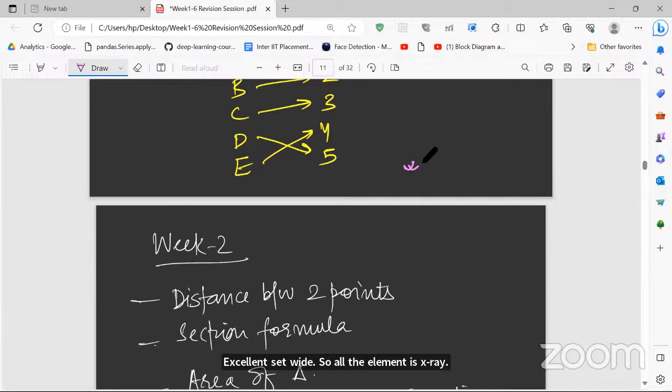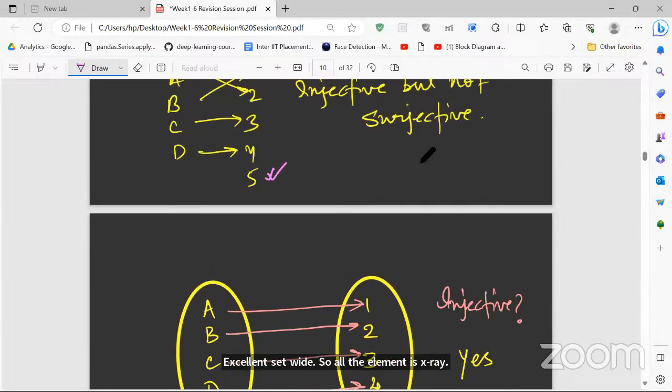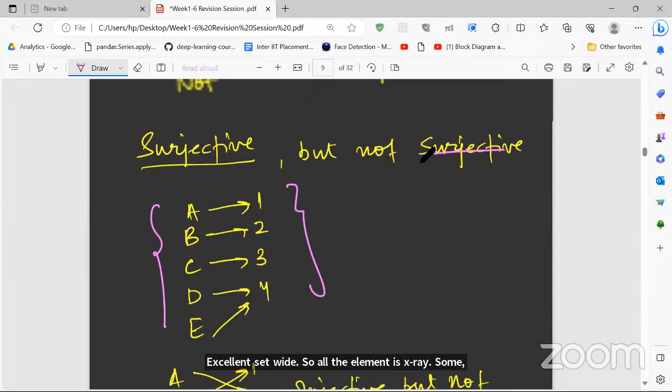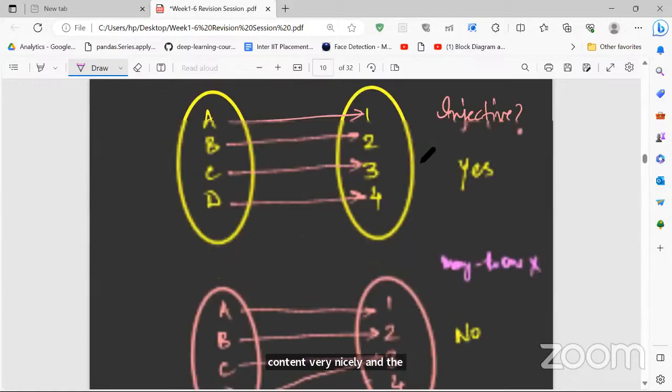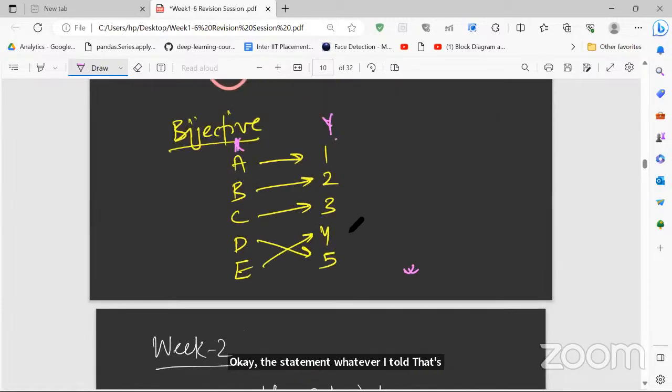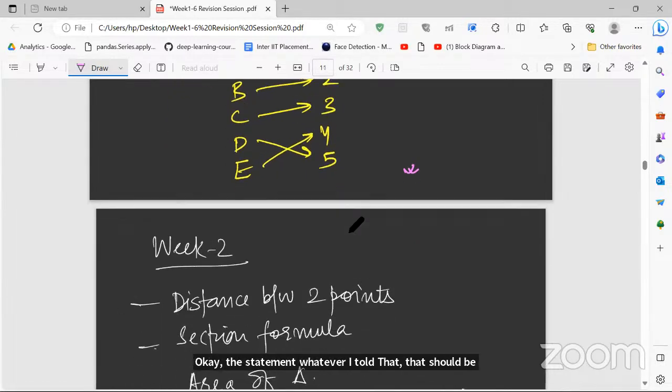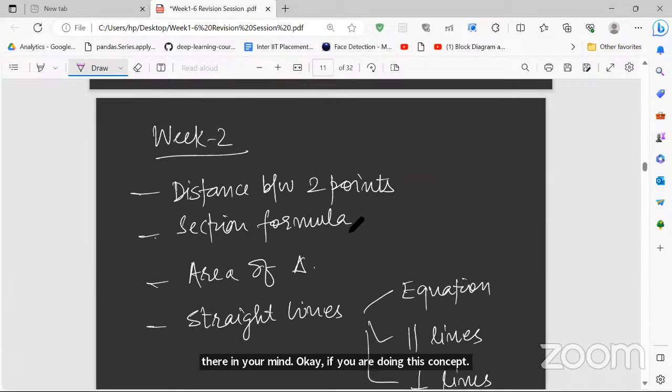The important point for the week is knowing the relation concept and the injective function very well. The statements I told you, f of g and g of f, should be in your mind. If you know this concept, I'm pretty sure you'll be able to solve the problems from week one.